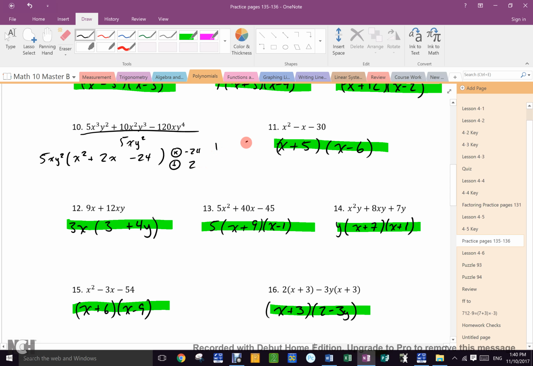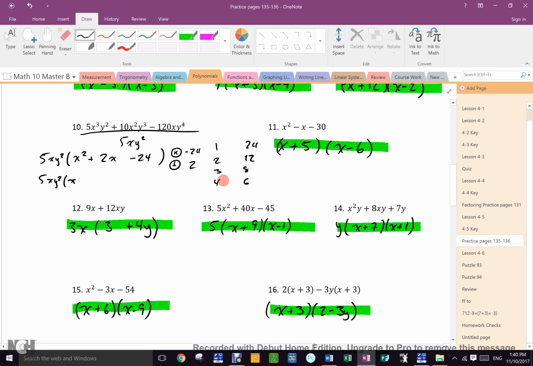Is it 1 and 24? 2 and 12? Is it 3 and 8? Is it 4 and 6? Yes. So it would be 5xy squared times x.